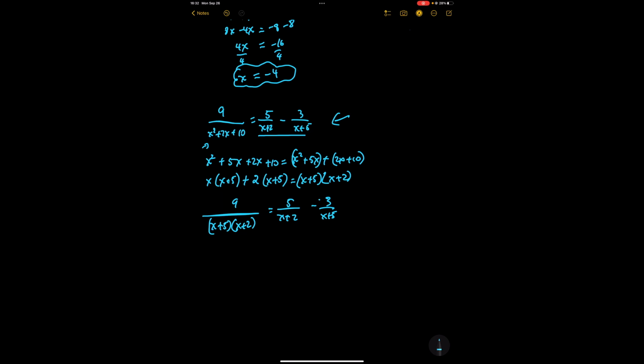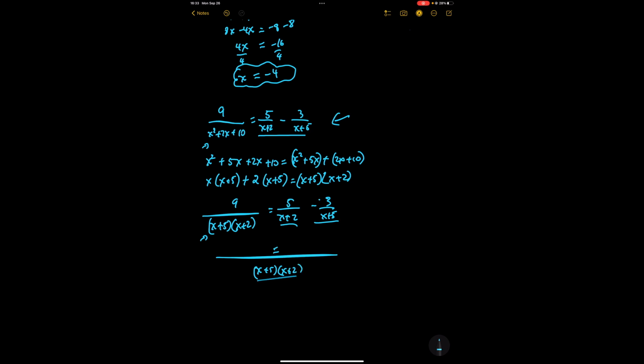So what now? We already have a common denominator, because these two are the same as that one. So now all I can do is just write one denominator, which is x plus 5 times x plus 2, and I'm going to say equal.